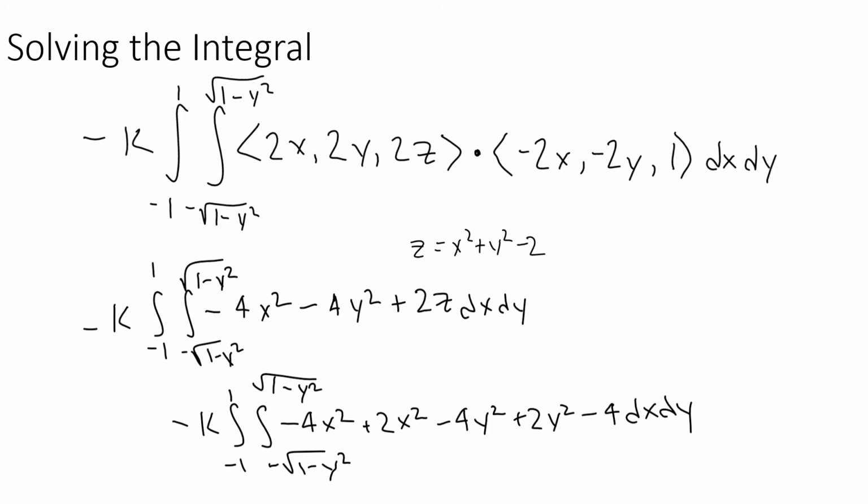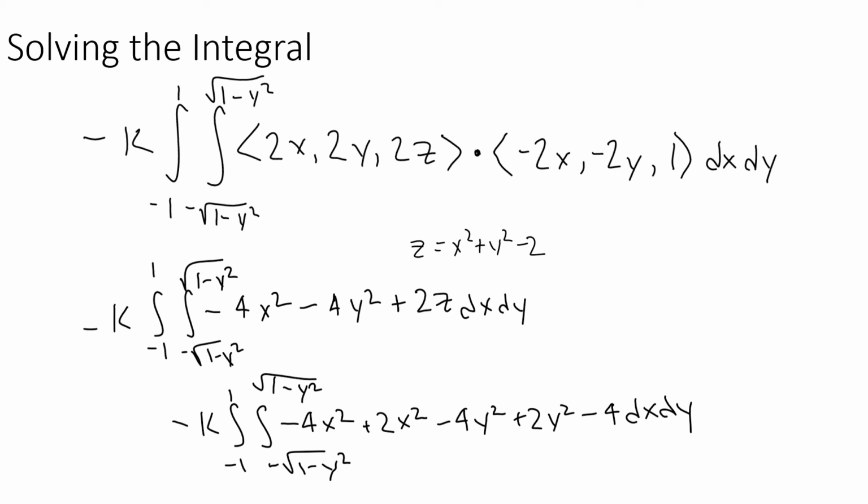Now that we have all the parts that we need, we're going to substitute them into the modified flux that we saw earlier, which is K times the integral of gradient T dS. We have our dS and we have our gradient T, so we take the dot product of our gradient T with the cross product of r sub x and r sub y.